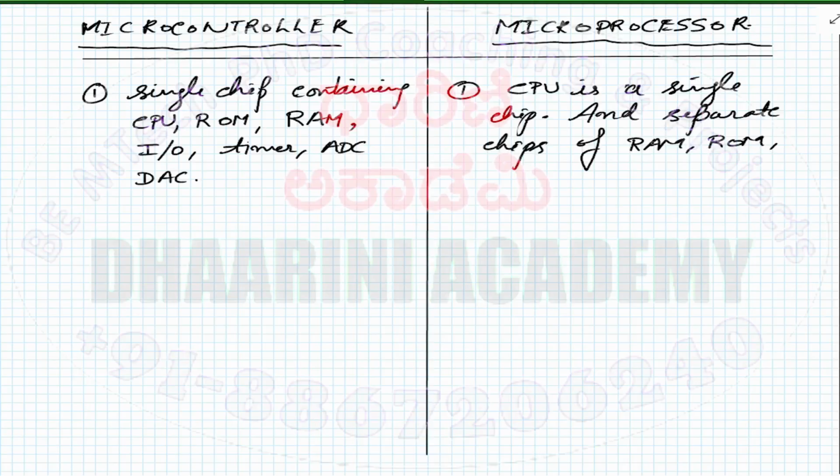You see, the number of separate circuits required to build a microprocessor circuit is going to increase now. So RAM, ROM, IO, timer are different circuits. You need to purchase them separately.